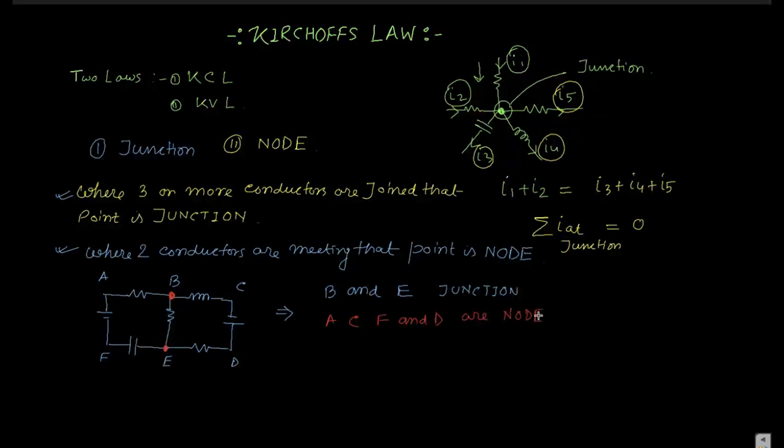You carefully see that in A only AB and AF are joined. In F, AF and EF are joined. In C, BC and CD are joined, and in D, CD and ED are joined. So A, C, F, D, these four points are nodes.